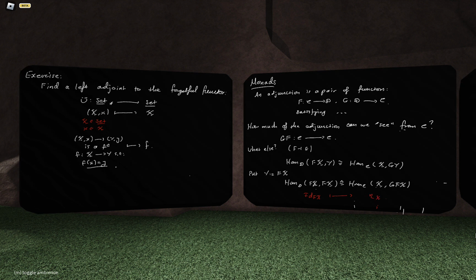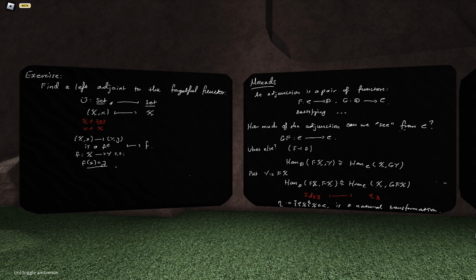Okay, and if you take all of those together, the collection of all of the eta x's ranging over all x, then that in fact pieces together to a natural transformation. So eta, being the set of all eta x for x an object of C, is a natural transformation. And moreover, it's a natural transformation between endofunctors on C, right?